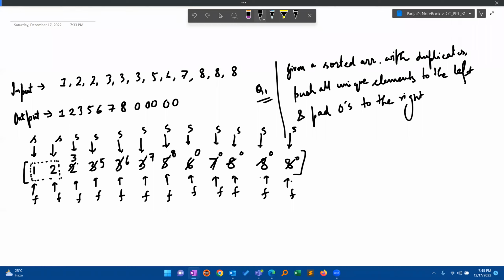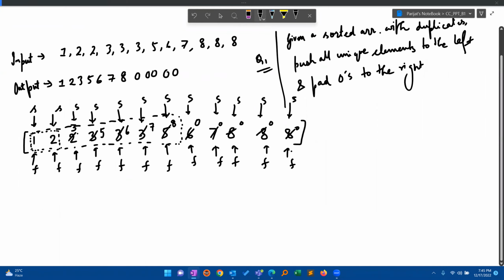So we make everything else 0. Now the left part of the array has all the unique elements, and the other elements are all marked as 0. So this is a good two-pointer approach that we can have.